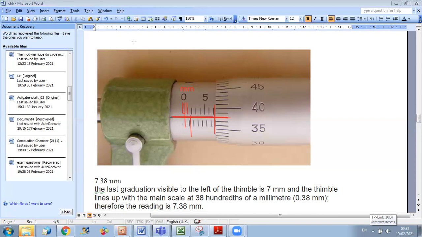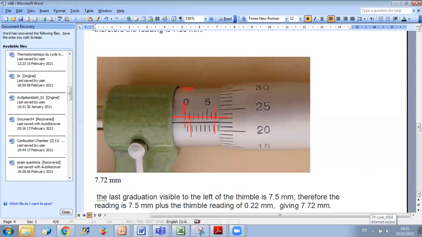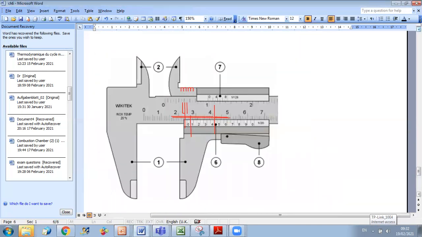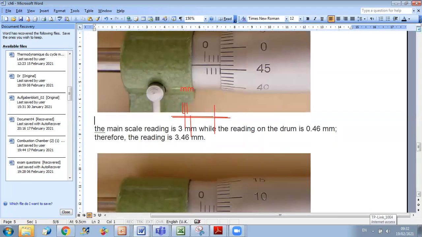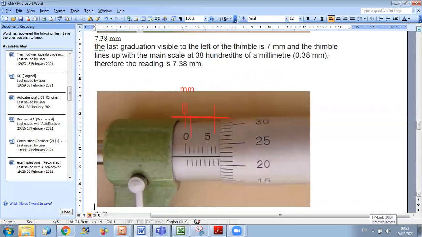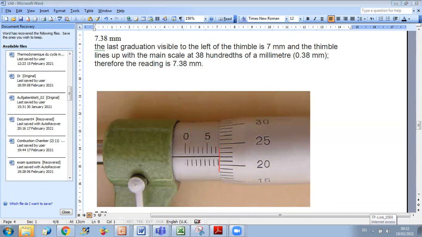So for example, if you look at the following other example, what will be your reading? First, this is your symbol just here. The division which is just before the symbol is this one, which corresponds to what? So I have 5, 6, 7, and 7.5 here.